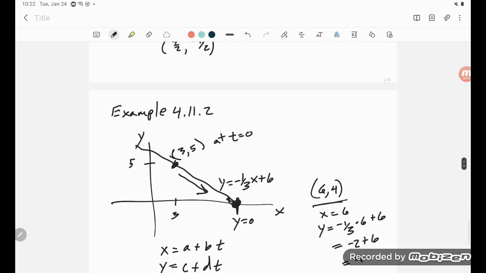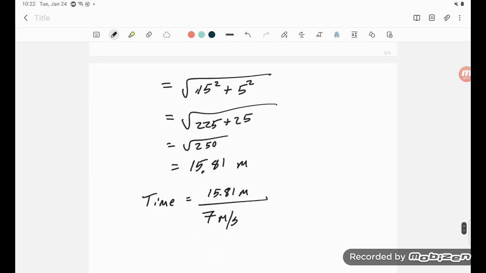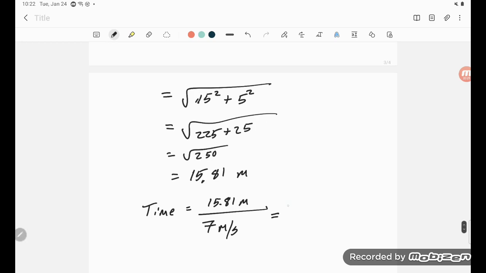Let's go back here. Oh, I don't think I ever wrote it down. Okay, well, if you're looking along in the book, yes, it was 7 meters per second, and so this becomes 15.81 over 7 seconds, and so that is 2.2587, so I'll call it 2.26 seconds.